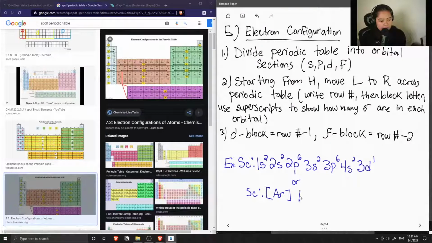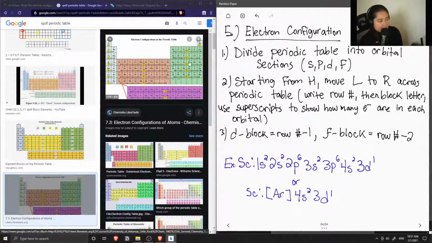So it's argon, and then 4s2, and 3d1. So this saves us a lot of time when we need to write electron configurations for the elements that are lower on the periodic table, so that we don't have to write multiple lines of 1s2, 2s2. We just need to write the noble gas that comes before it, and then a shortened electron configuration.